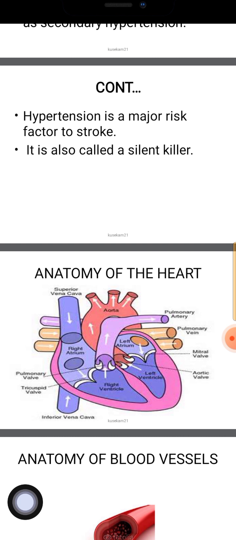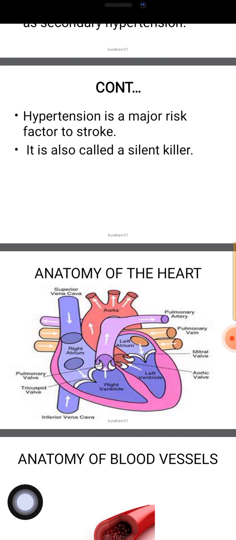So that high blood pressure can make someone develop what? Stroke, because the vessels that transport nutrients or blood to the brain are no longer functioning because they have ruptured. That's why it is called a silent killer.